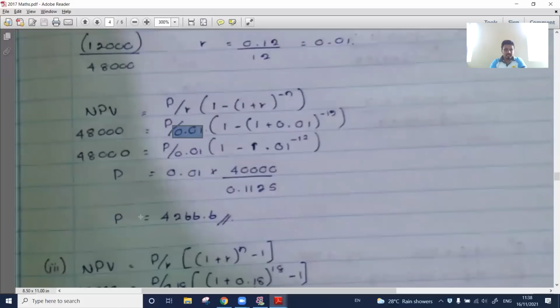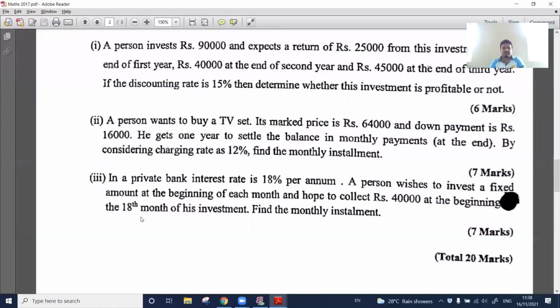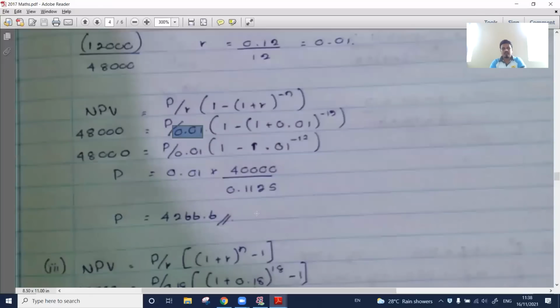4,266.6. Again, right, as a practice in words, have your final answer. Therefore, monthly installment equals 4,266.6 rupees. ඕක අපි clearly final answer එක පැහැදිලිව අපි වෙනම පෙන්නන එක තරමට හොඳයි. It is more clear there.